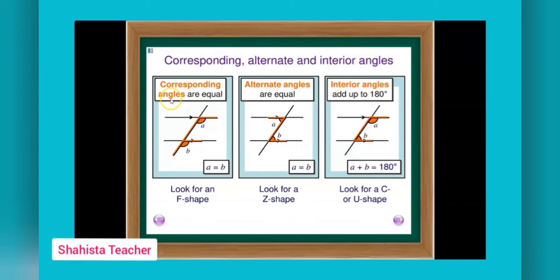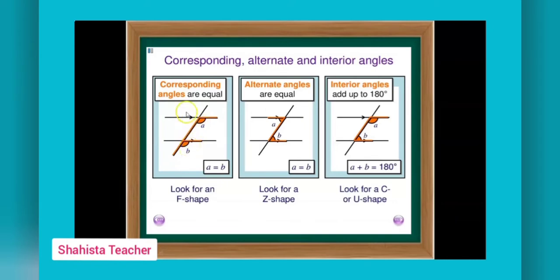First we will see the corresponding angles. Corresponding angles are equal. There are two lines and one transversal, which intersects at two points, A and B. Here angles A and B are equal.